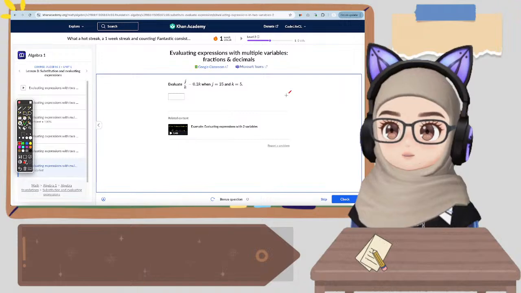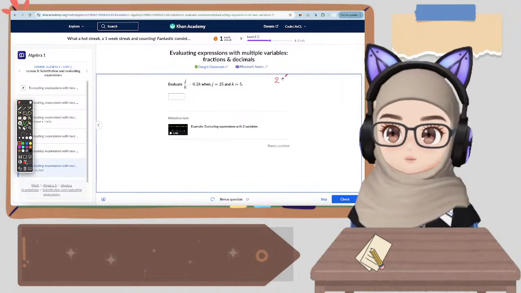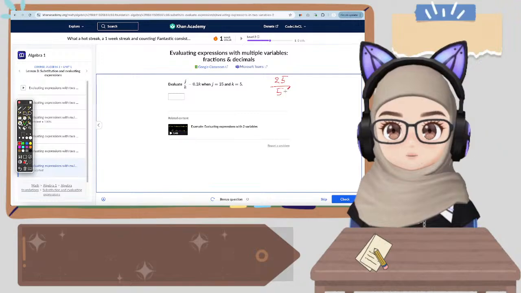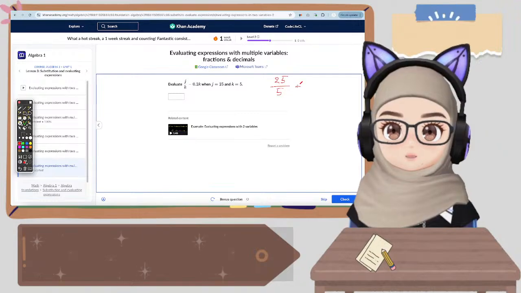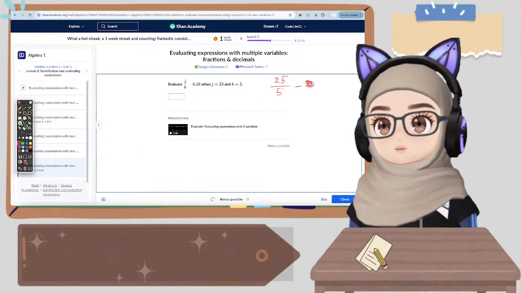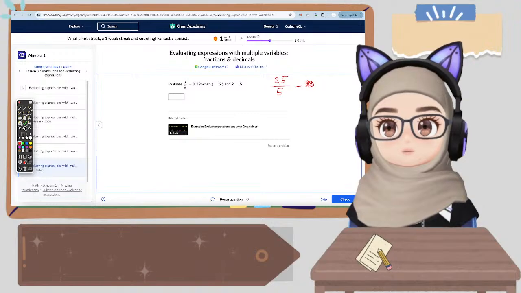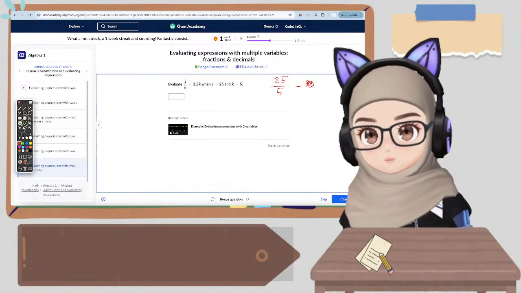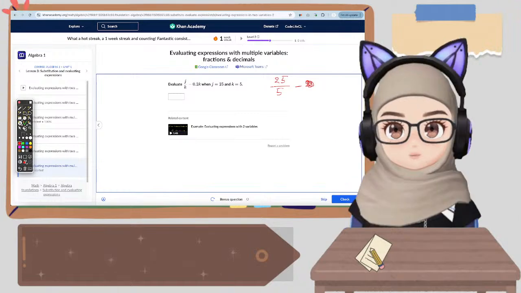J is 25 divided by K, which is 5, minus 0. Can I get an eraser in here, please? Wait, what's happening? Is that it? Huh? Where's the eraser?